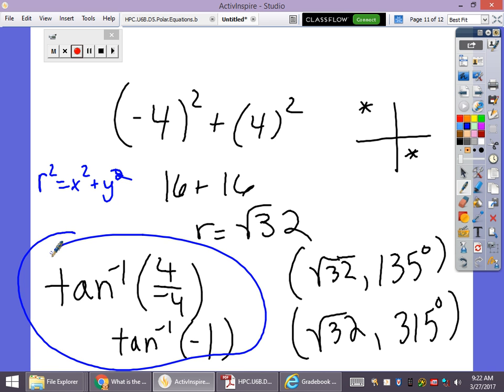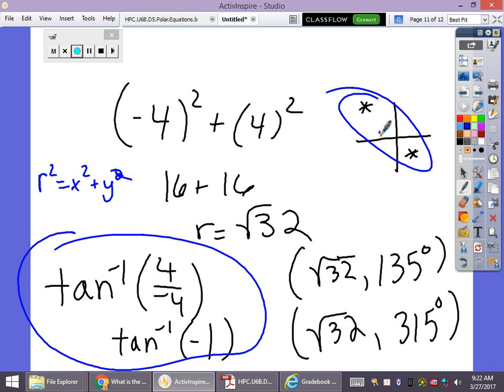Equal on both sides is a 45, okay? So, because this is negative 1, tangent is negative here and here. The 45-degree angle here is 135, and the 45-degree angle in this neighborhood is 315. Good?